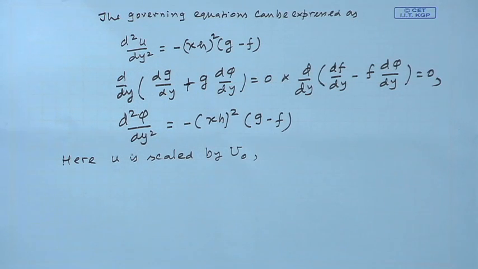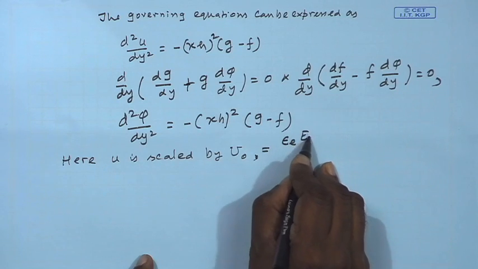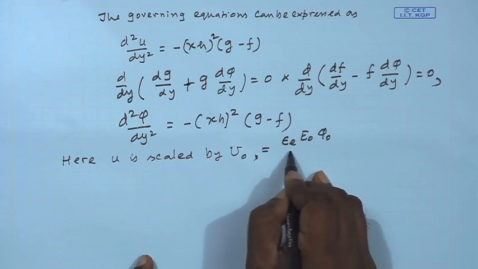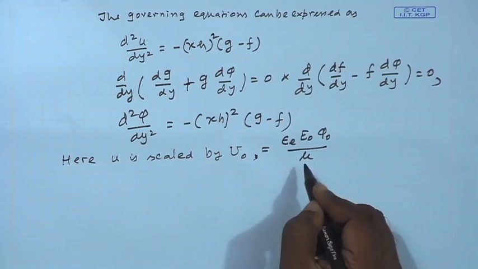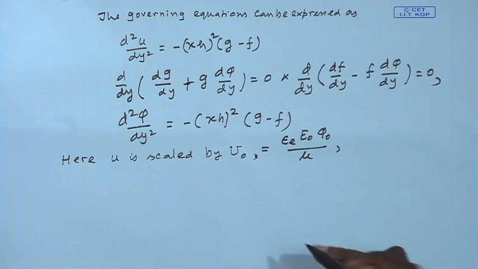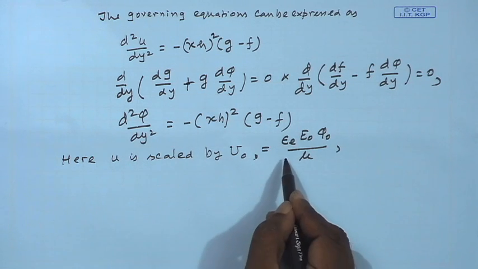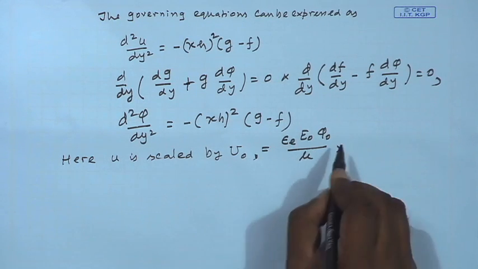But if it is not a symmetric electrolyte, the ionic concentration will be different from C0. U0 we have taken as epsilon E0 phi0 by mu. So, basically this is a Smoluchowski velocity with surface potential phi0. So, this is considered to be the velocity scale.